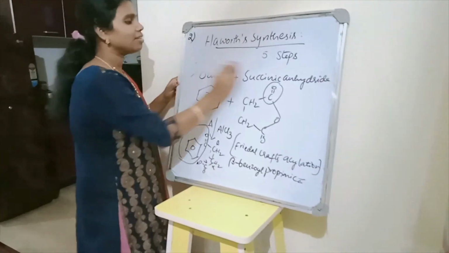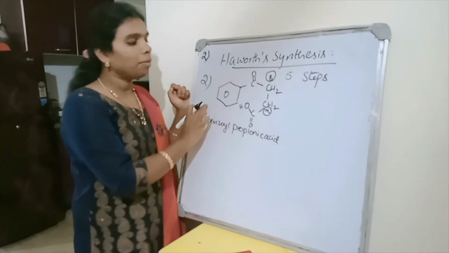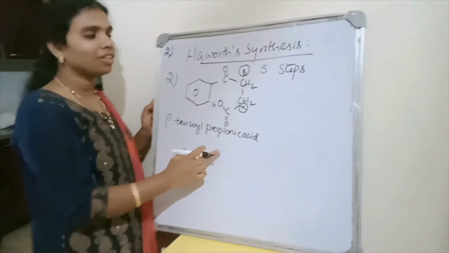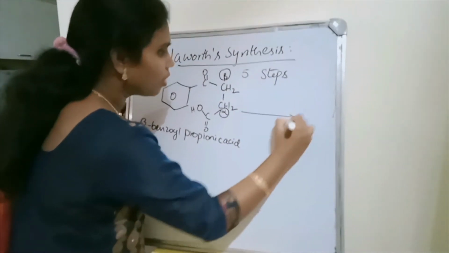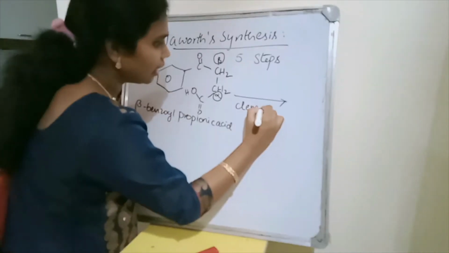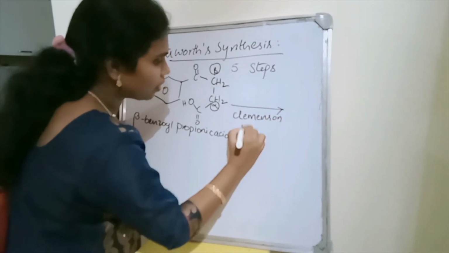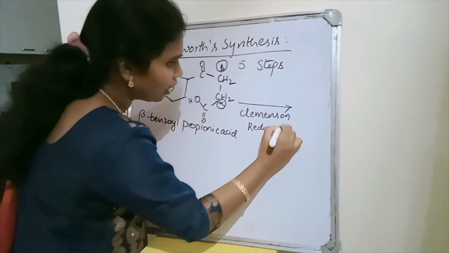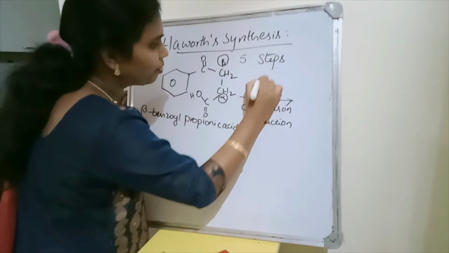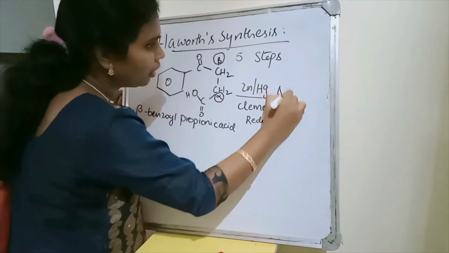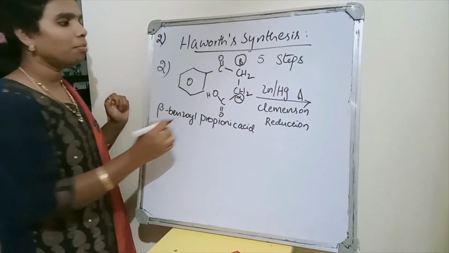Let us see the second step. Beta benzoyl propionic acid, formed in the first step, undergoes Clemmensen reduction in presence of zinc amalgam at higher temperatures. What will it form?